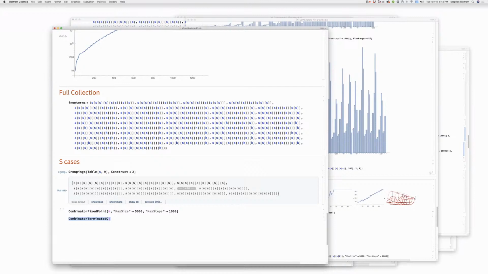Okay, so then we say, what we want are the ones that do not terminate. So what we want to say is pick, actually we've got here, all S9 is that thing.